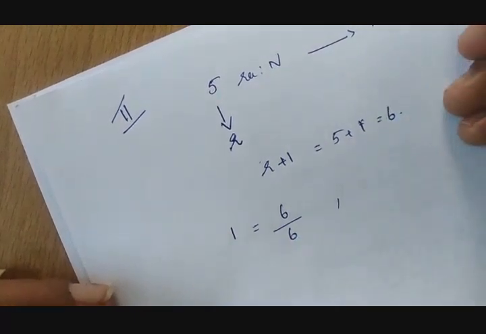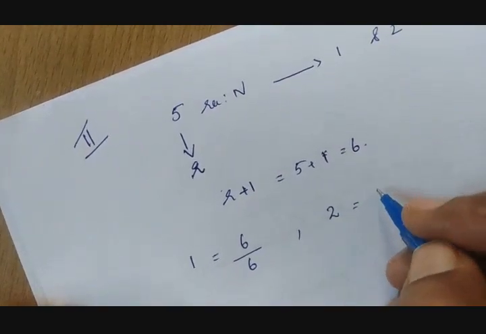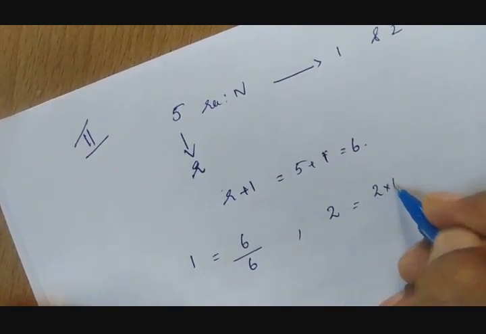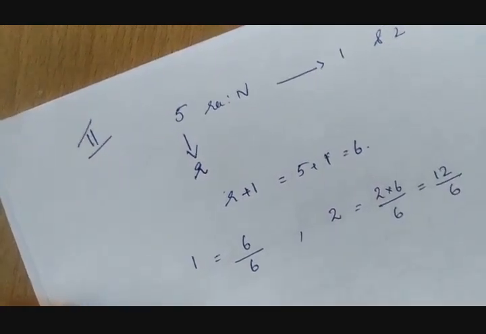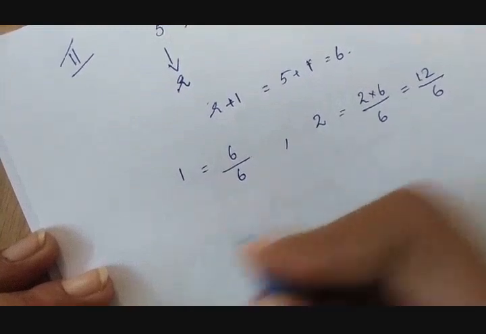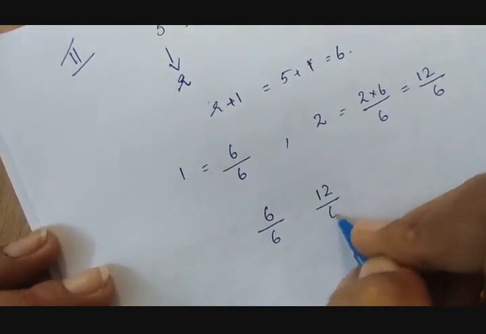The second value 2 is also done like that. 2 into 6 divided by 6, which is equal to 12 divided by 6. So the numbers we can represent as 6 by 6 and 12 by 6.